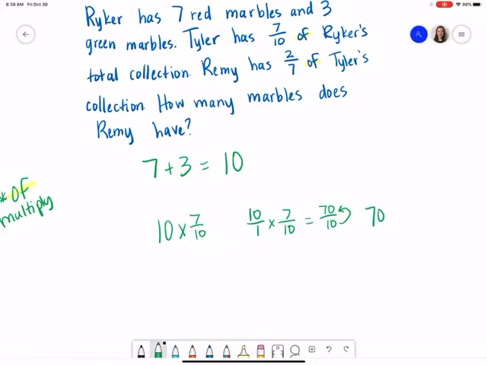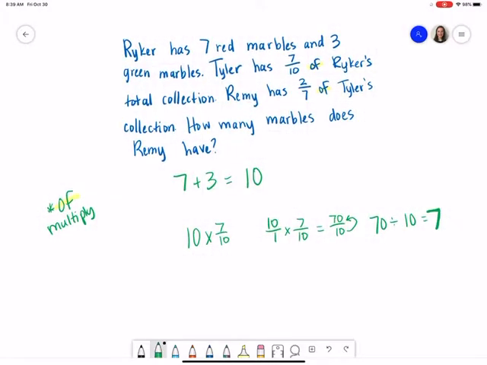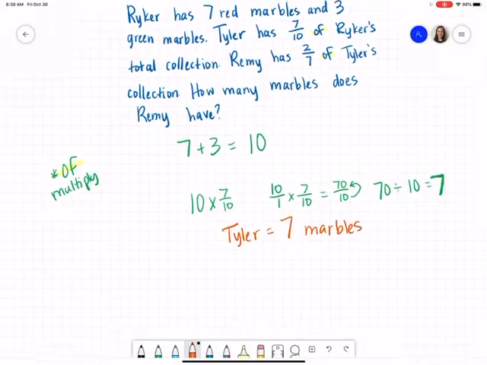So that's the same thing as saying 70 divided by 10. And you would say 7 whole groups. Okay, so 7. So now we know that Tyler has 7 marbles.